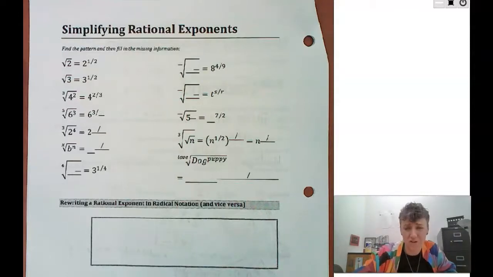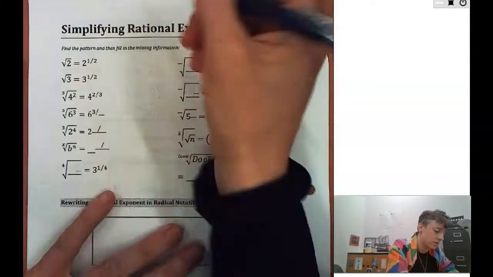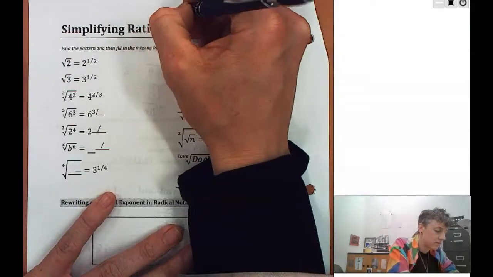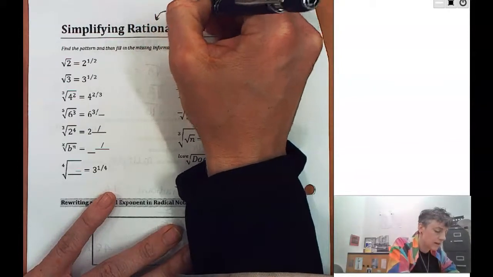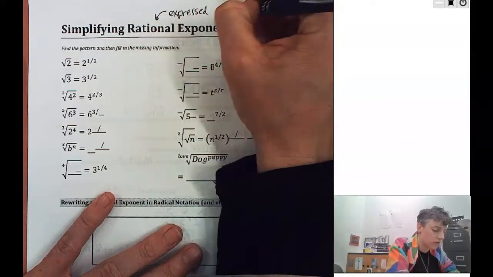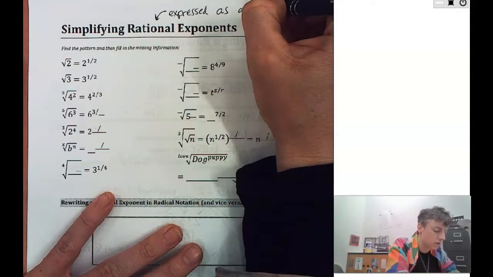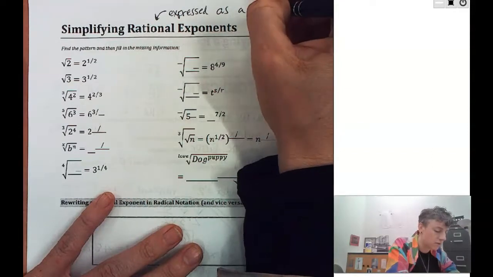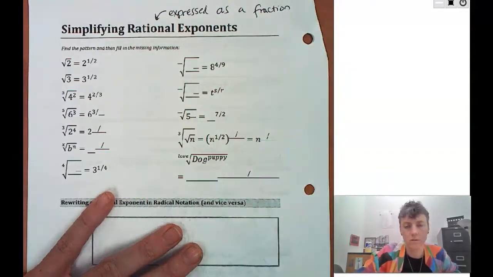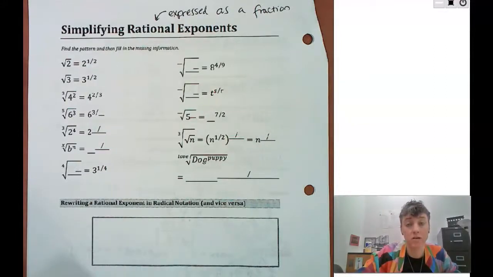What is a rational exponent? What's anything that's rational? Something that can be expressed as a fraction, right? As opposed to irrational things that can't be expressed as fractions.